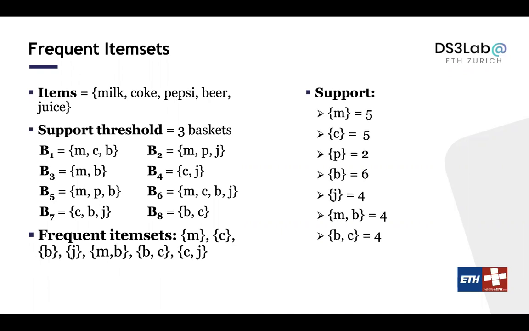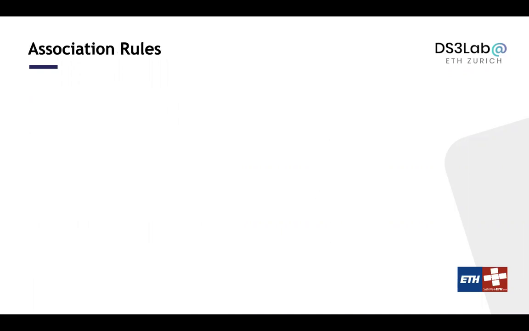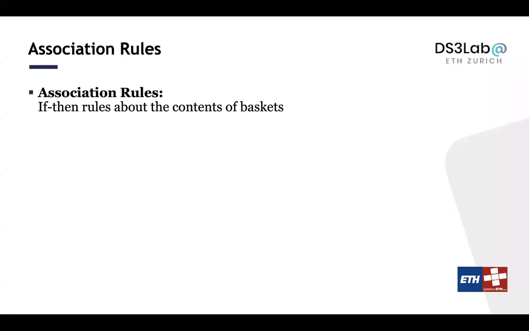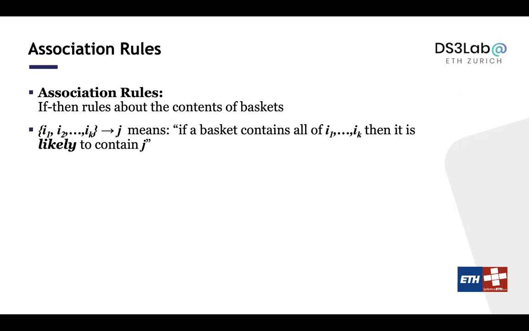So here's just one example of this. Why do people care about support? Why do people care about 2 things appearing frequently together? It's because once you have support, you can define something called an association rule. It is a whole bunch of if-then rules about the content of your transactions. We write something like this: the left-hand side is one item set, and the right-hand side is another item set.